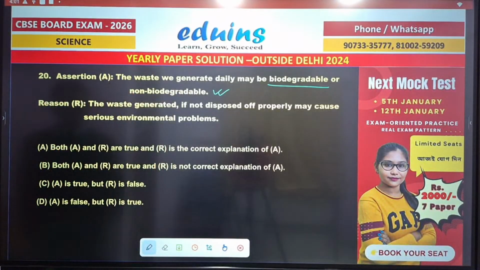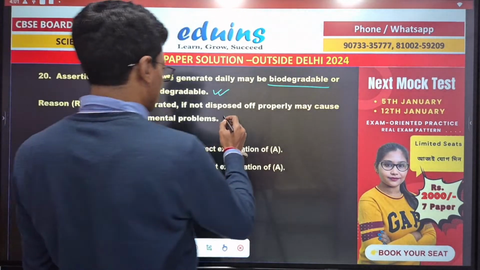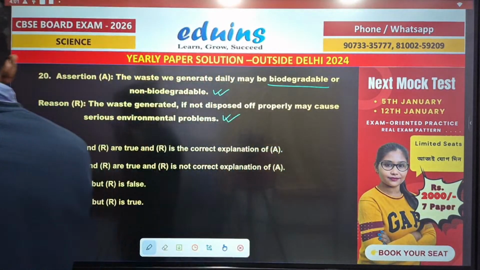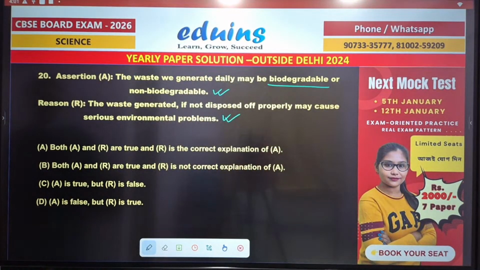Okay, next, the reason says the waste generated, if not disposed of properly, may cause serious environmental problems. Okay, this is also true. So, is the reason given the correct explanation of the assertion?